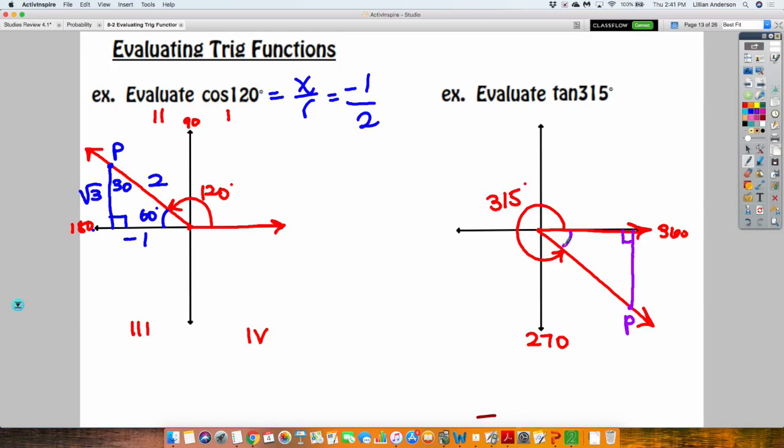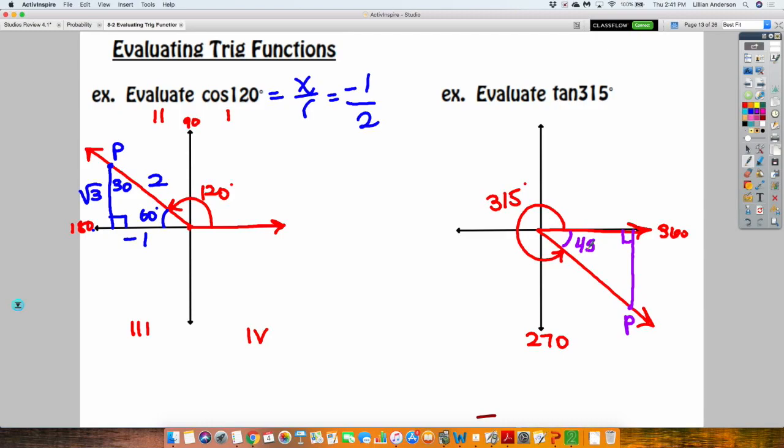It's going to be 45 degrees. You get that from doing 360 minus 315 because you're in the 4th quadrant. That's how far you are from the x-axis. Reference angles always come from the x-axis, never the y. It's kind of like angles of elevation and depression. They always come from a horizontal line.